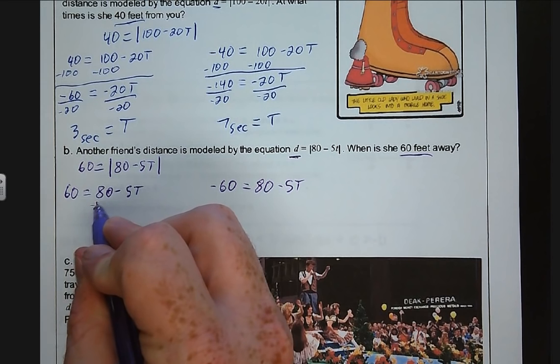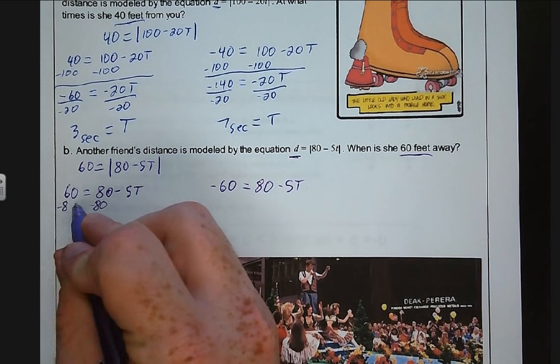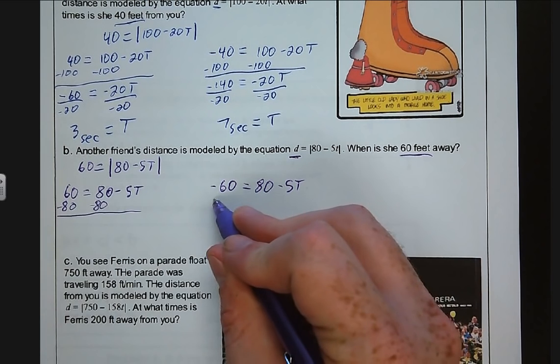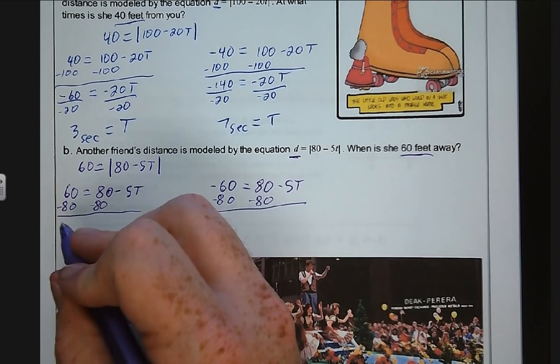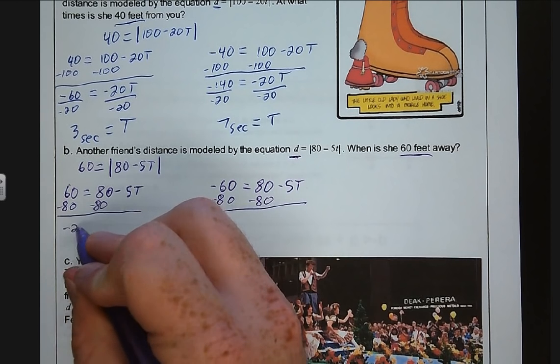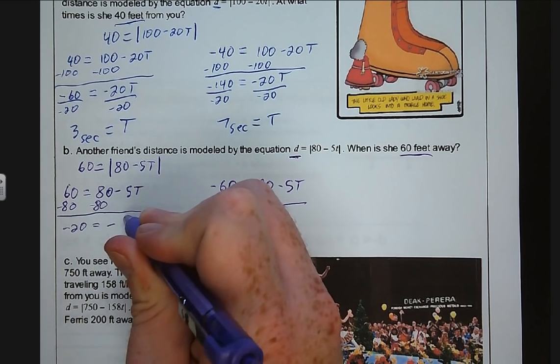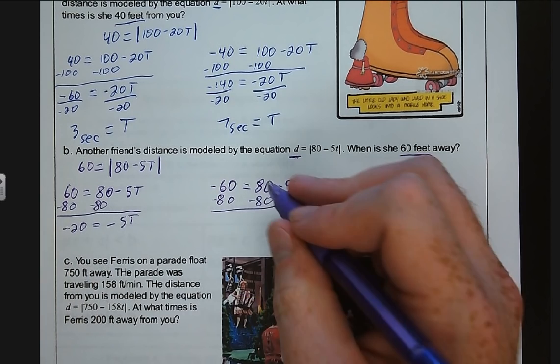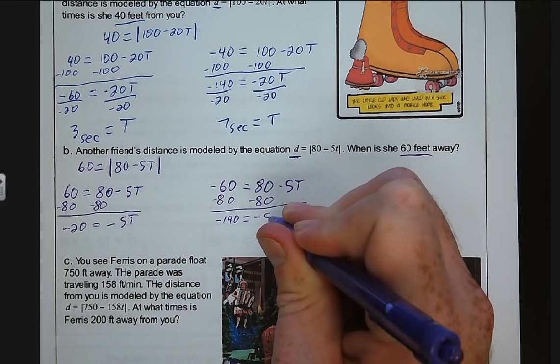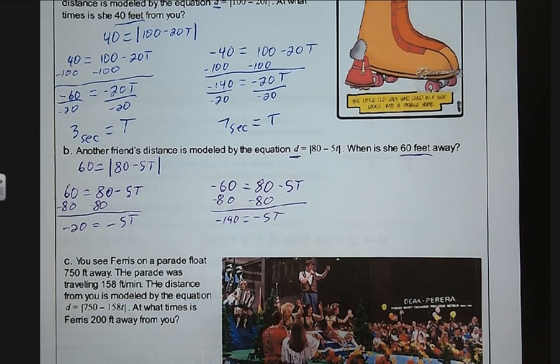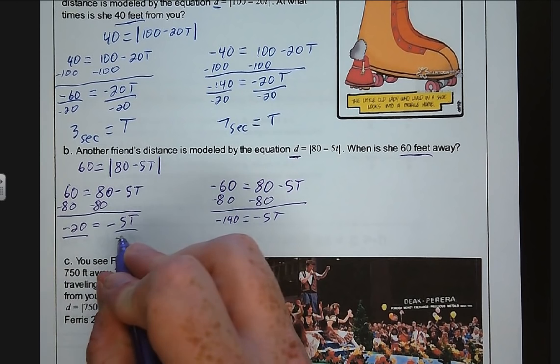Subtract 80 from both sides. We're going to do that on both equations. And we've got negative 20 is equal to negative 5t. Over here, we've got negative 140 equals negative 5t. Divide everything by negative 5.